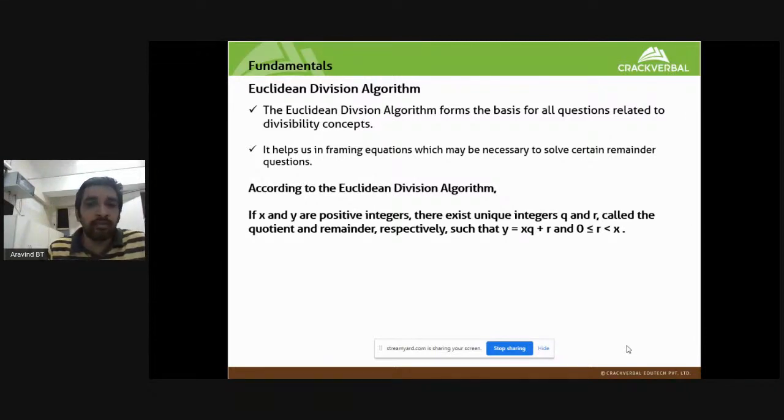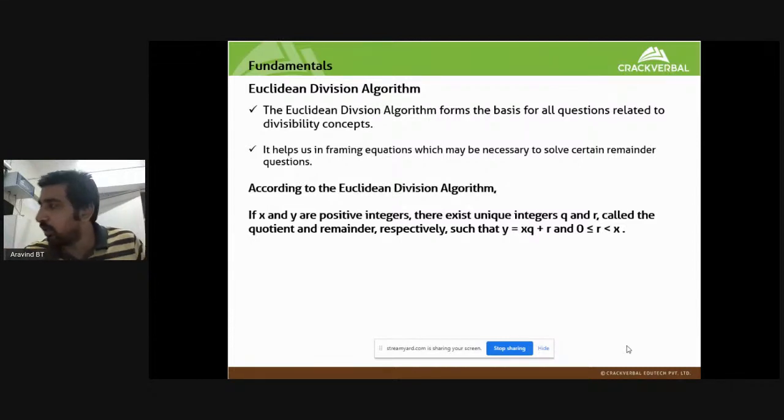A lot of you may remember this equation as dividend = divisor × quotient + remainder. That essentially is the Euclidean division algorithm. So it gives you an equation that can help you connect all the 4 components: the divisor, the dividend, the quotient, and the remainder. Remember, the divisor is the number which divides, the dividend is the number that gets divided, and the quotient and remainder, I'm sure all of you understand what they are, right?